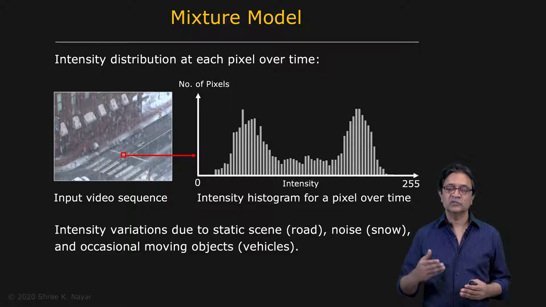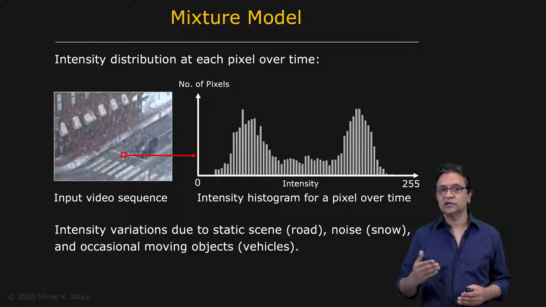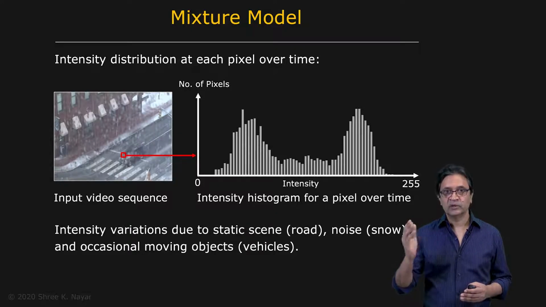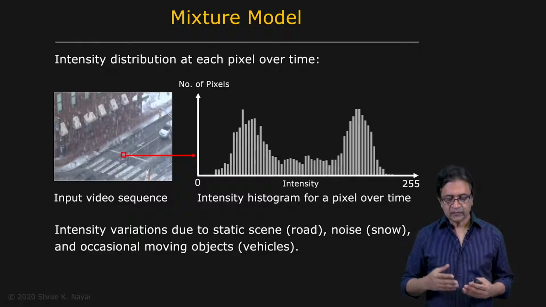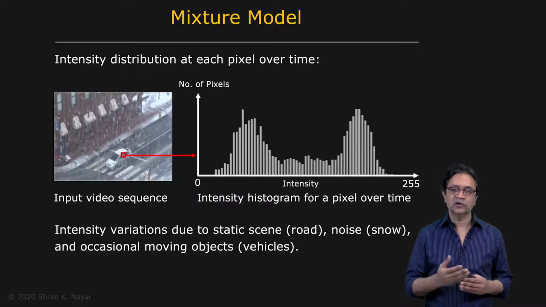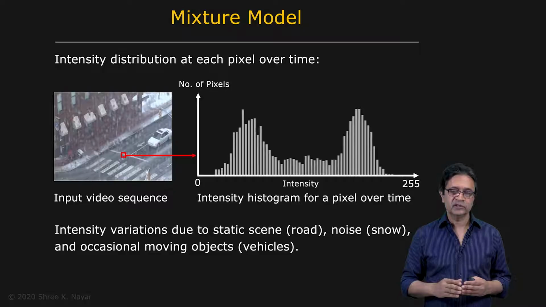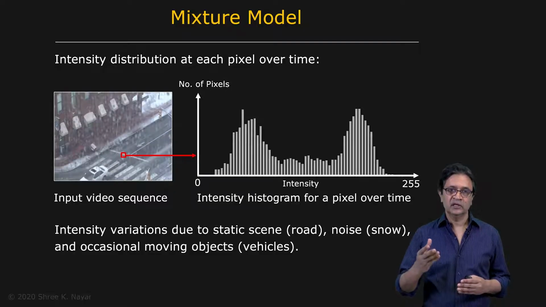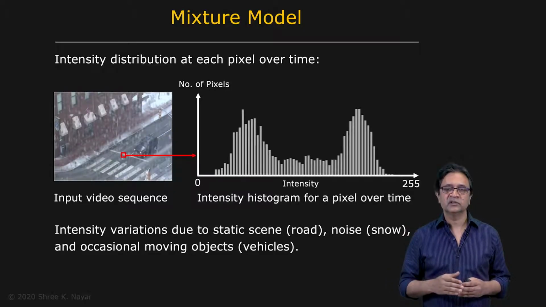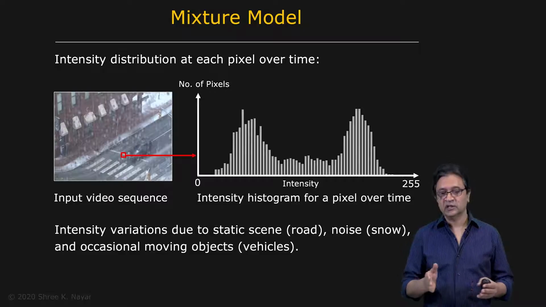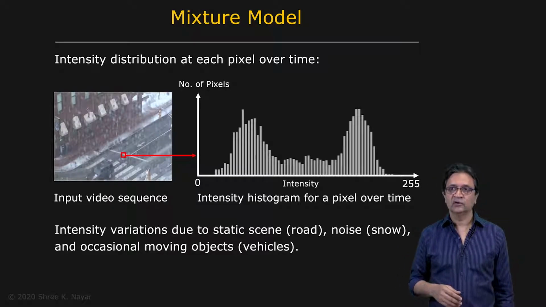Noise, in this case, could be image noise, but also the fluctuations due to snow passing through the pixel. And then occasionally you have a moving object, and the key observation here is that the moving object is something that passes through a pixel rarely. Most of the time you have the other two things going on.